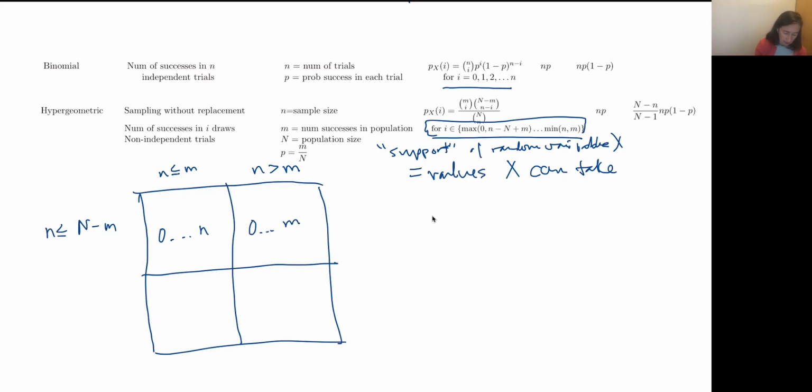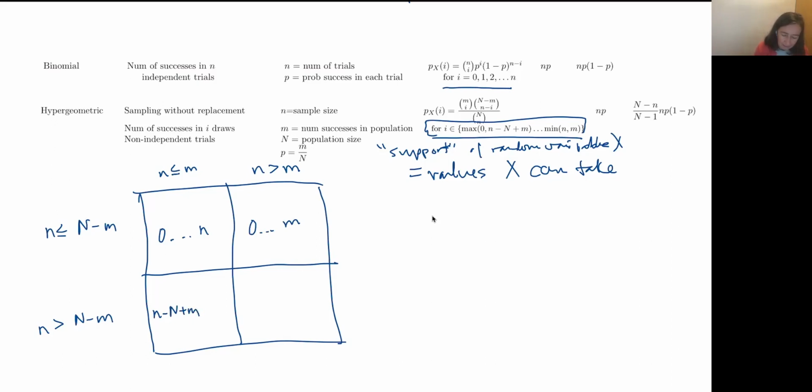And similarly here, if the size of the sample is greater than the number of failures in the population, then the maximum number of failures is capital N minus small m. And that means that the minimum number of successes is n minus (N minus m).